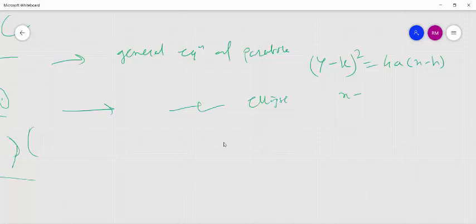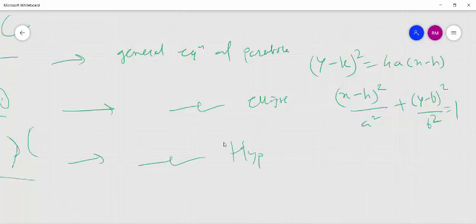For an ellipse it is x minus h whole square upon a square plus y minus k whole square upon b square equal to 1, whose center is h comma k. The general equation for a hyperbola is x minus a whole square upon a square minus y minus b whole square upon b square equal to 1.